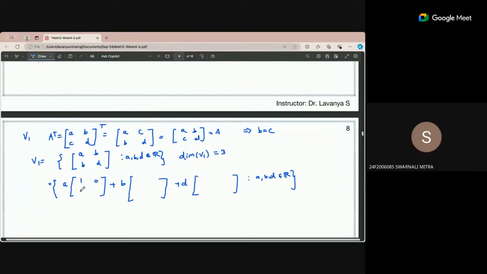Second one, [0, 1; 1, 0]. Third one, [0, 0; 0, 1]. So the basis for V1 is given by these 3 vectors. Let us call them A1, A2, A3. This will form a basis.